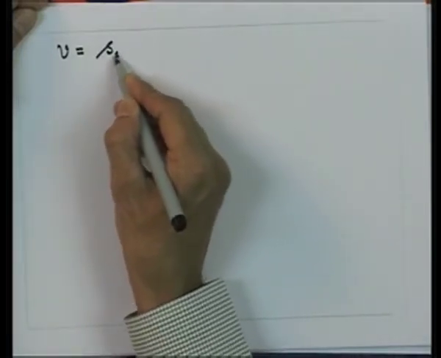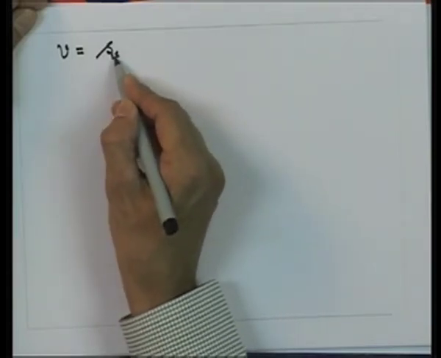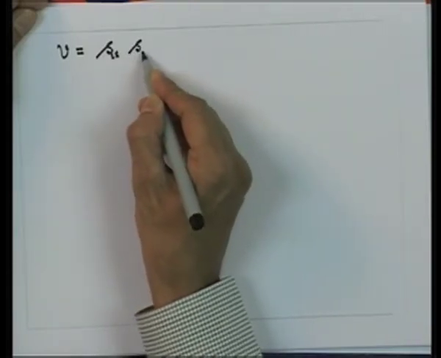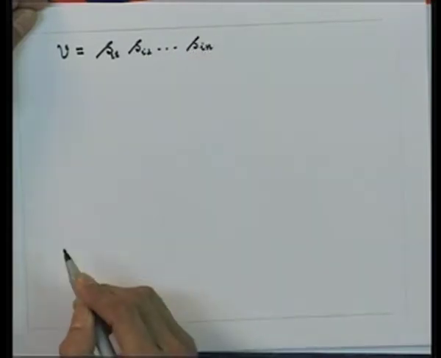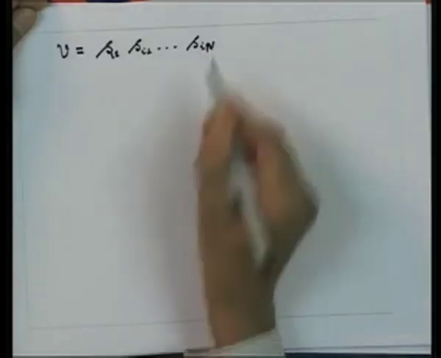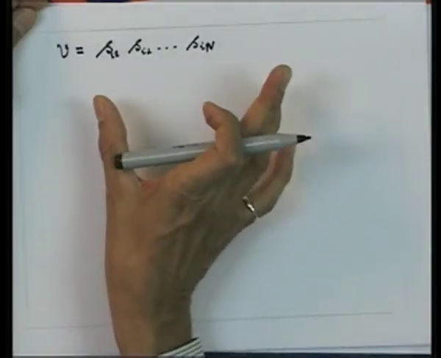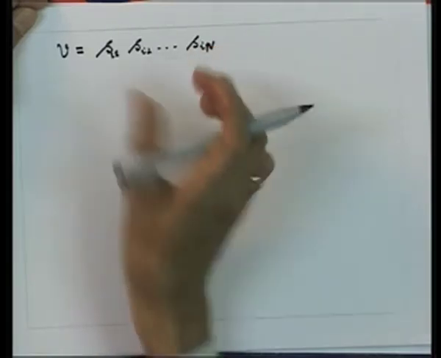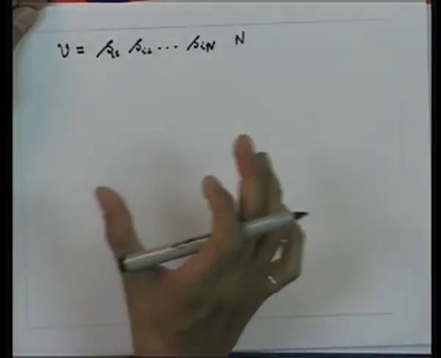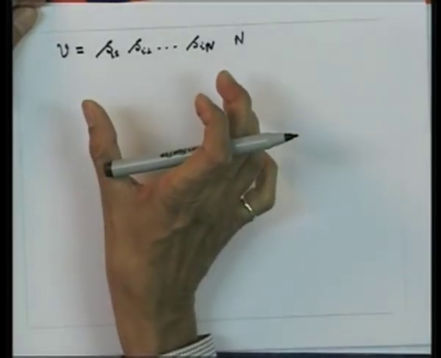So, I have S(i1), S(i2) up to S(iN), capital N. So, what I do basically is that I assume that I have messages now of capital N symbols. Now, if I look at these messages and find out the entropy of this, how is this entropy related to my original entropy?